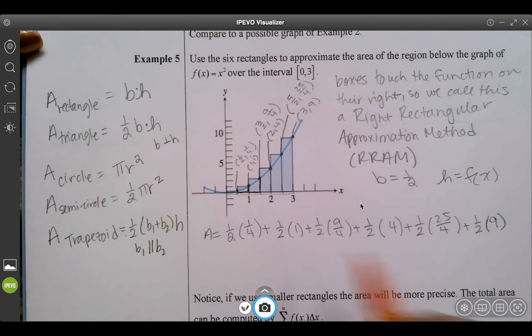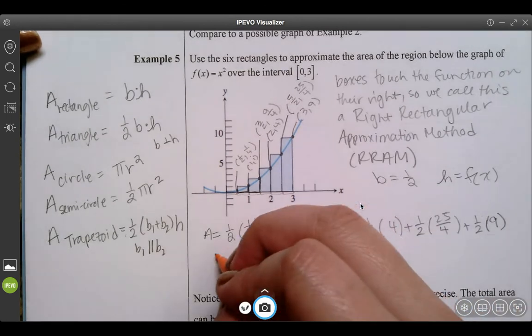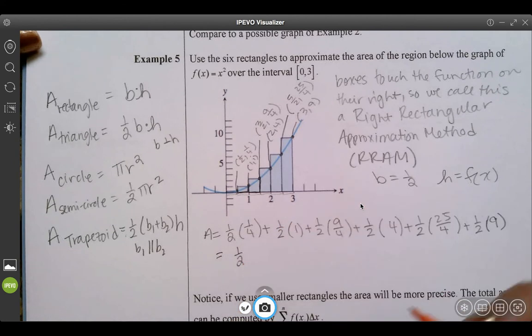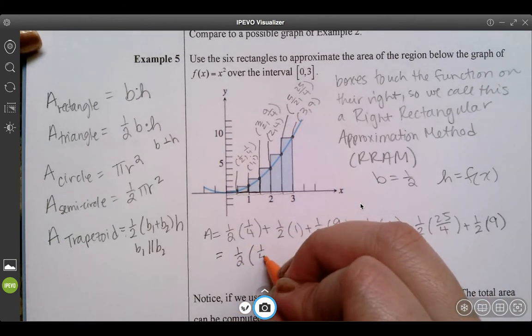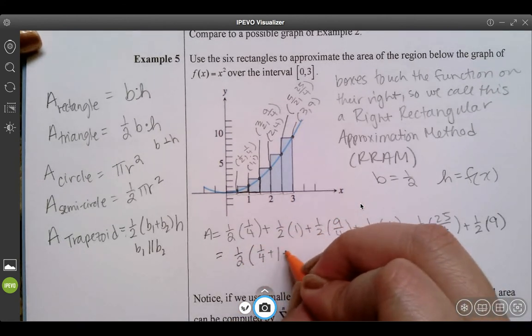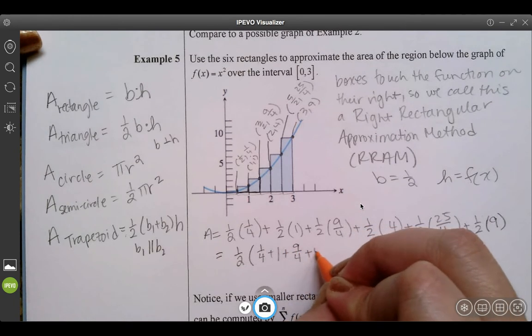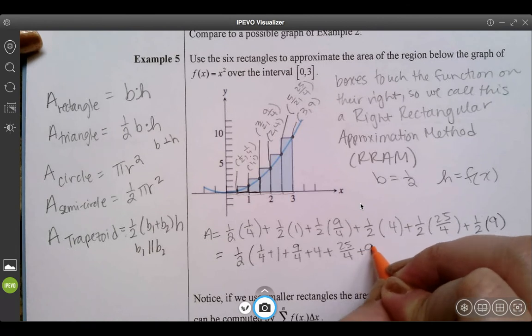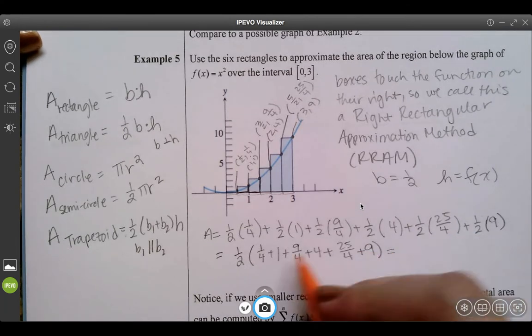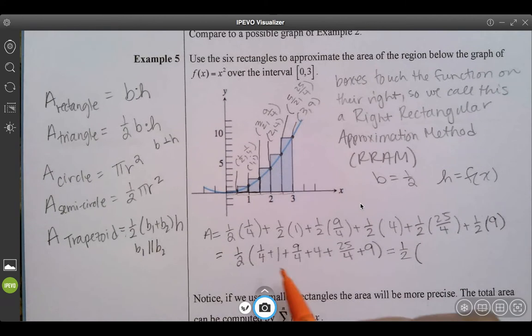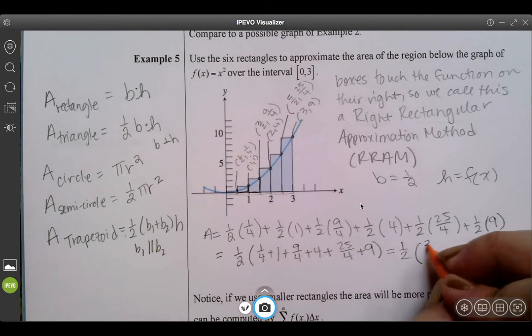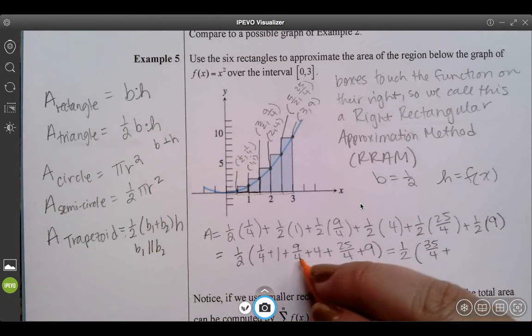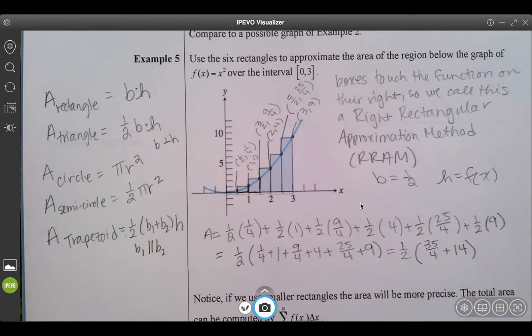Okay, now notice in order to calculate this, I could put it all into the calculator, but they all have that same base of 1/2. So I can also calculate this by factoring out the base times adding up all the heights. Which is 1/2 times, I'm going to add up all the fractions here. 10 and 25 is 35/4. 5 and 9 is 14.